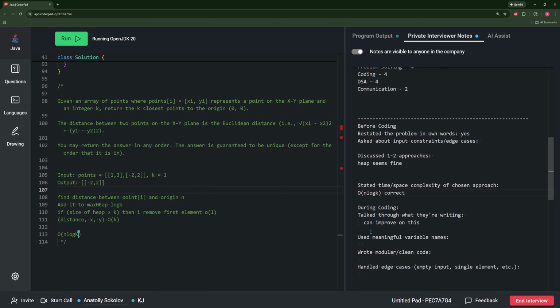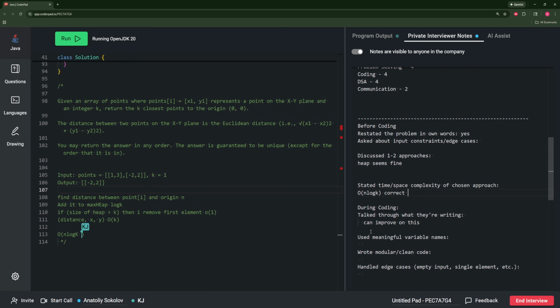I feel like it would be O of n log k plus k. Because n is always bigger or equal, and assuming log k is bigger than one, the left side is always bigger than the right. So you can just cancel out the right.